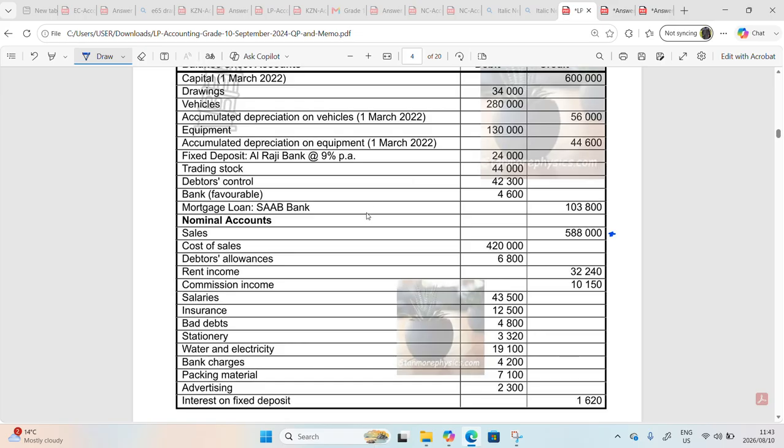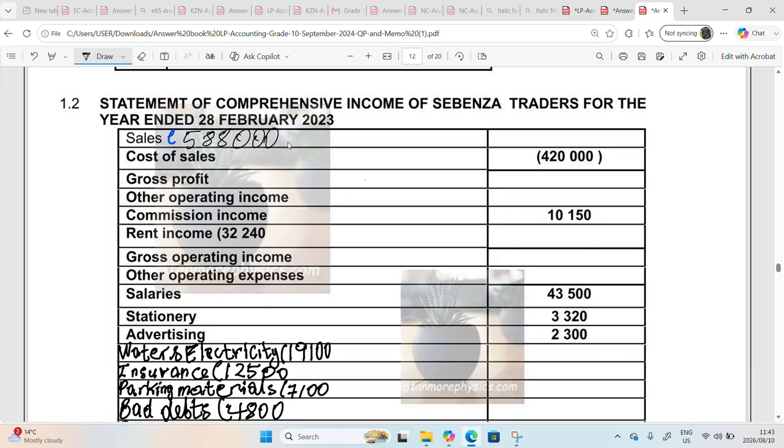So what do you minus from sales? You are going to minus your debtors allowances. Your debtors allowances, these are your total returns. You minus debtors allowances of 6,800. Do we have anything that will affect sales? For this example, no. But what affects sales, guys? It is when we sold more items but maybe they were not recorded.